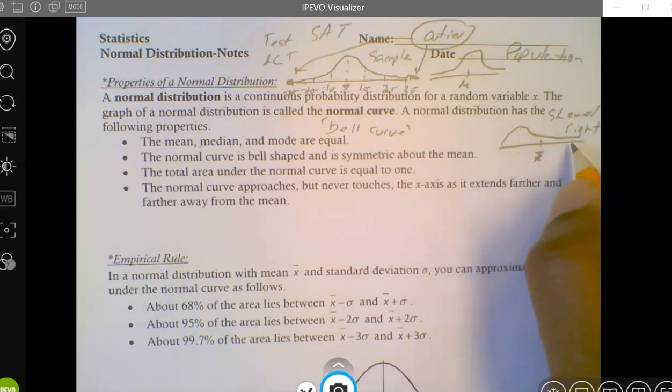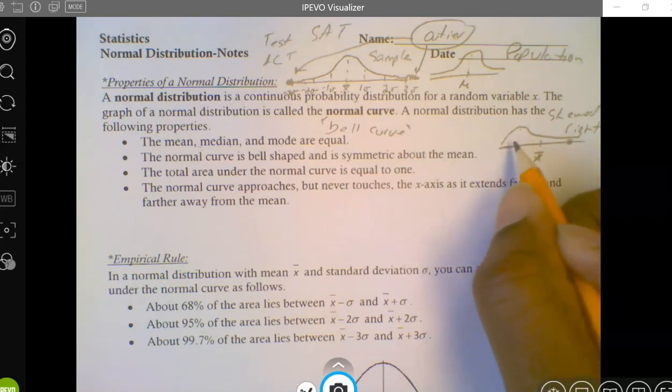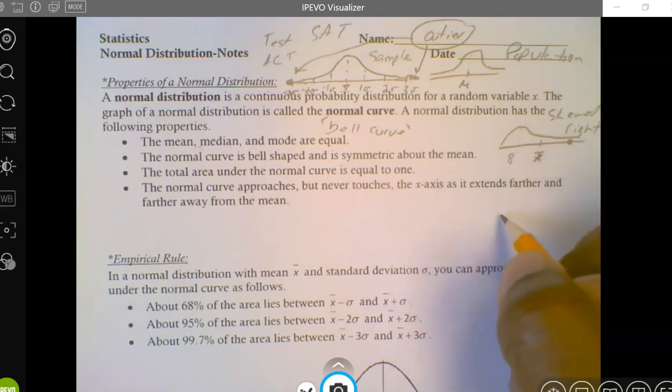Mainly because you've got some values over here. Maybe this is salaries of professional basketball players. Most professional basketball players' salary is probably around $8 million a year. But you have some players who make $100 million or $70 million.